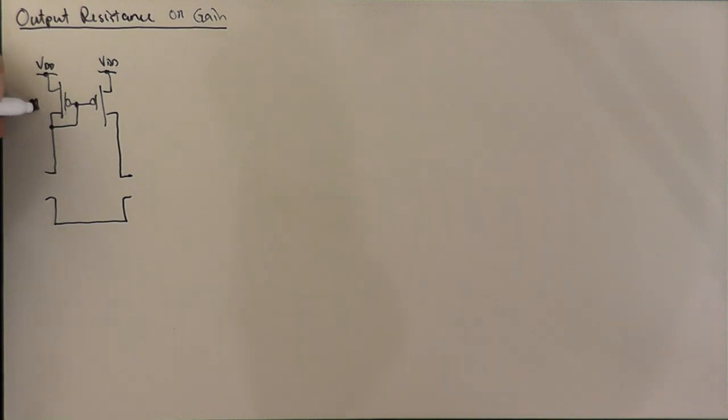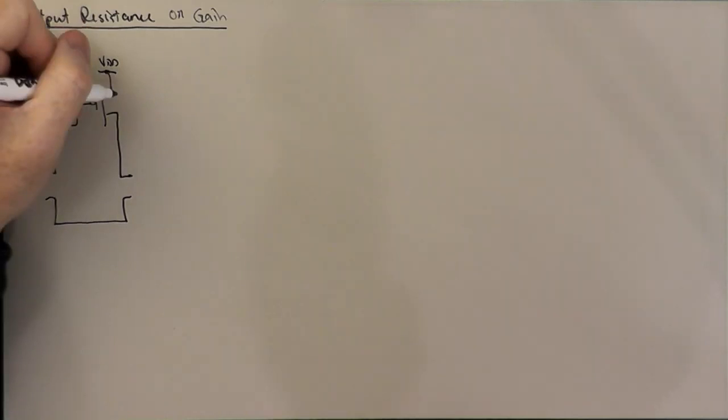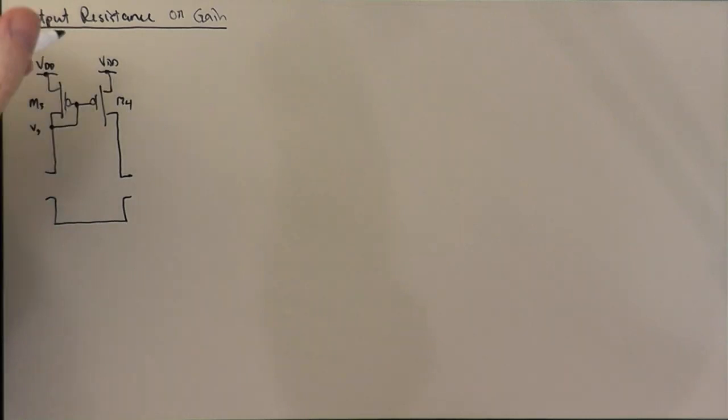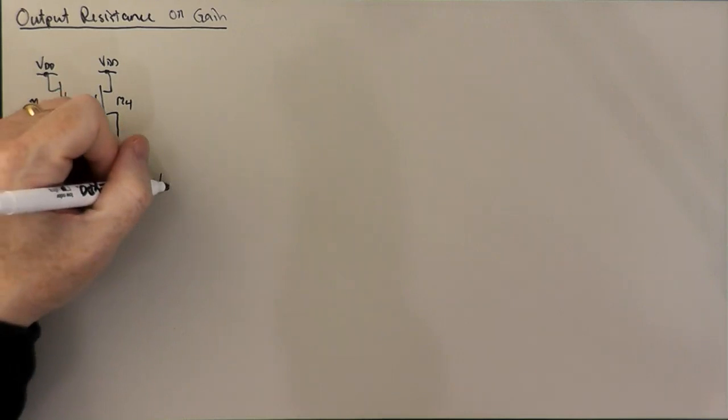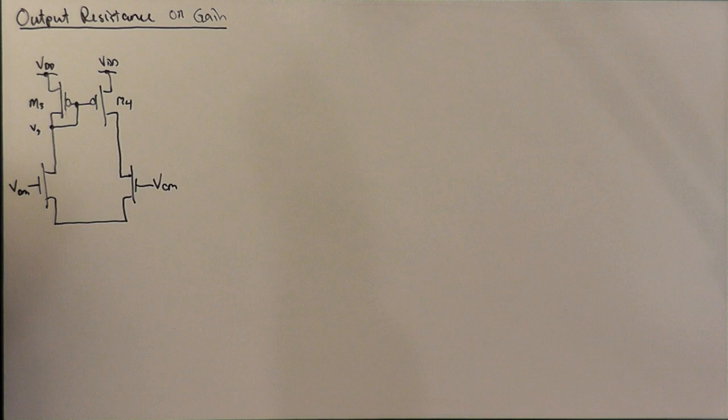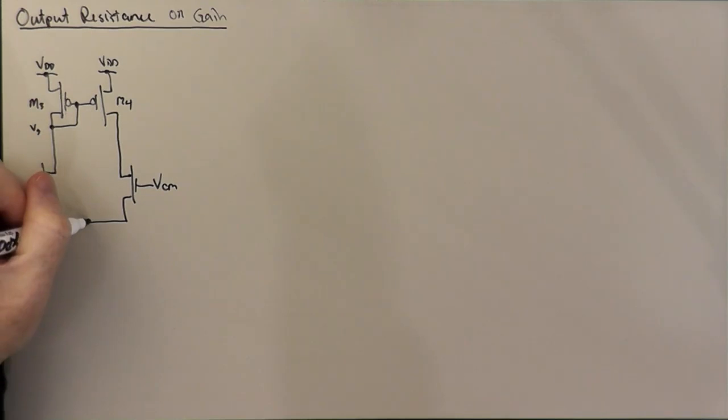We have M3, V3, M4, VCM. So we're going to imagine that we're in this balanced state of a pure common mode input.